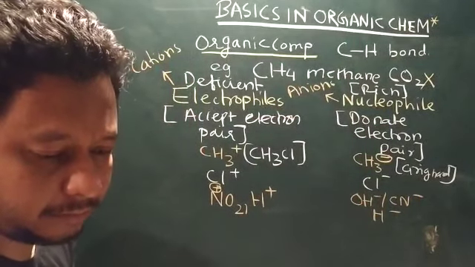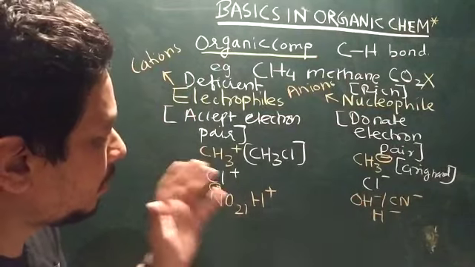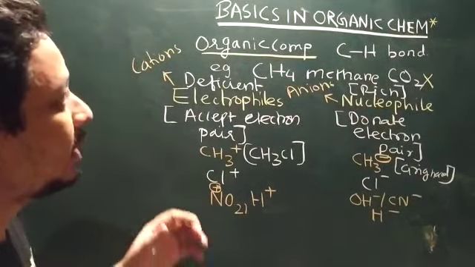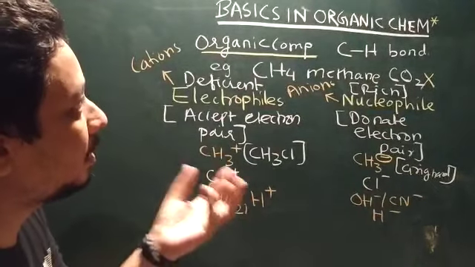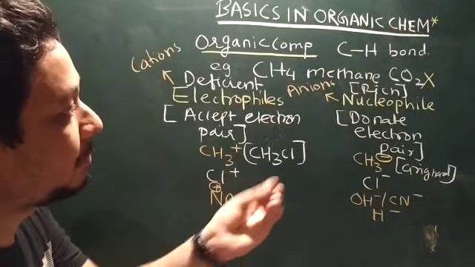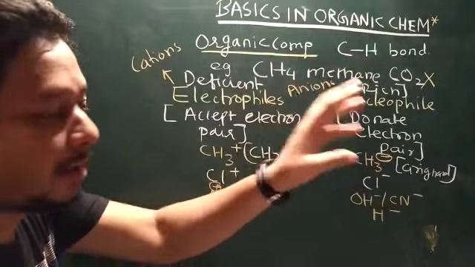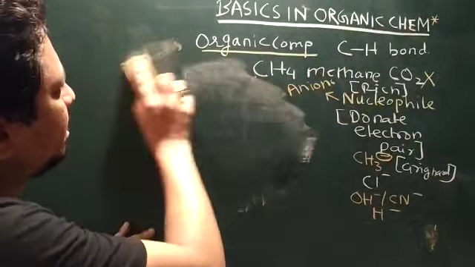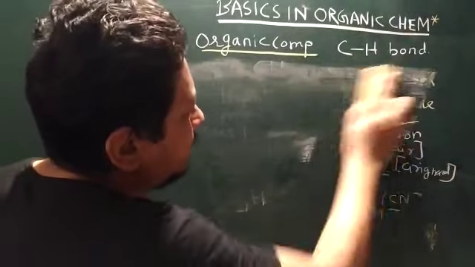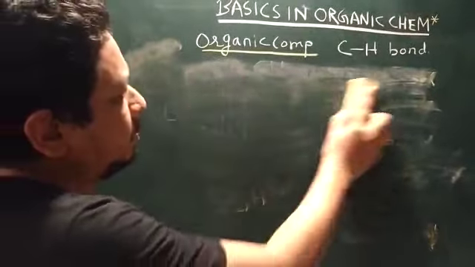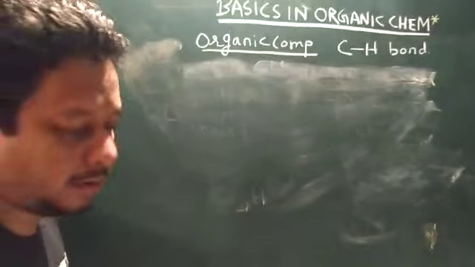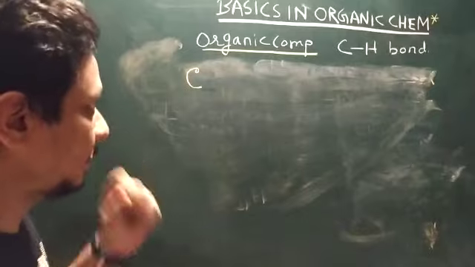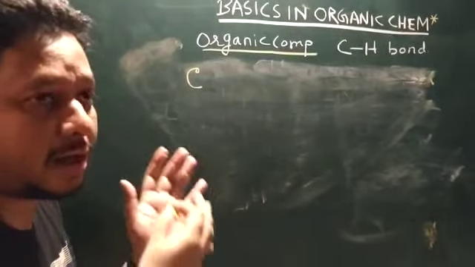Then after this we go ahead with understanding electrophile and nucleophile with the help of carbon, because organic compounds are nothing but chemical compounds containing carbon and hydrogen. So first we will discuss the carbon compounds. When we are talking about carbon, the first thing to remember is carbon's hybridization.